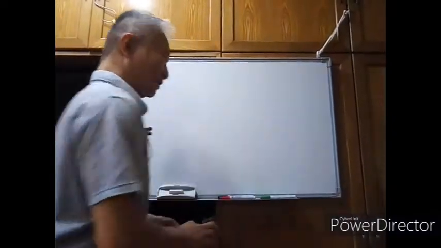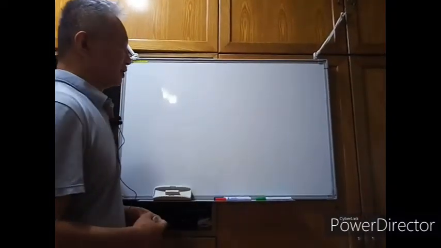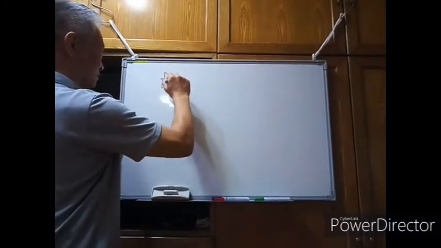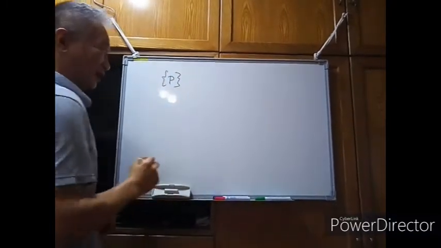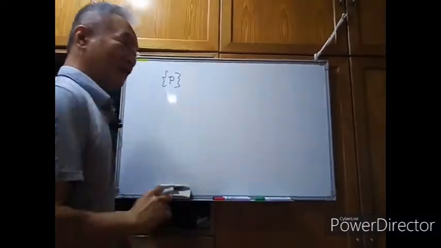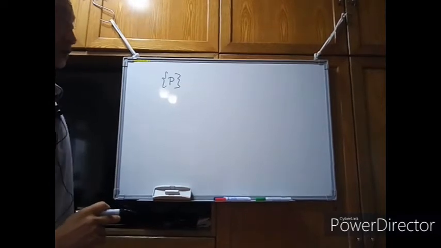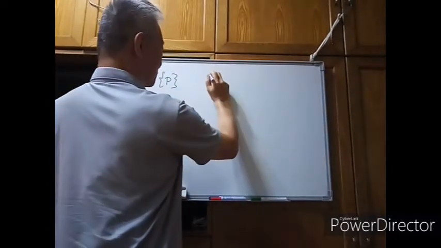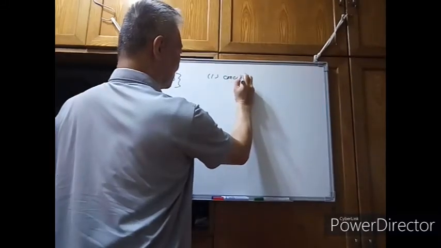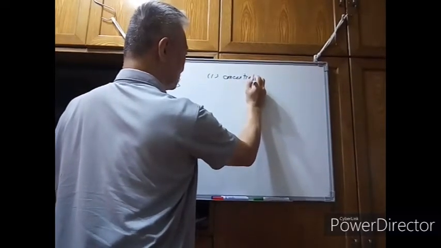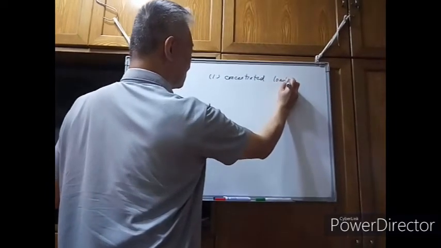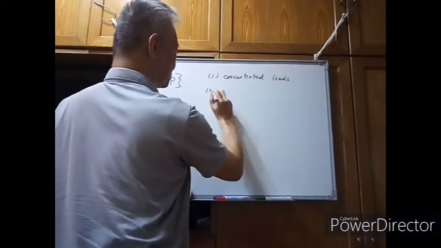Okay, let's continue. Last time we talked about the global load vector. There are several types of applied loadings, and it could be a concentrated load, or a distributed load.